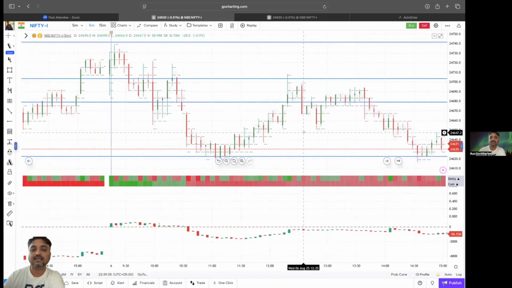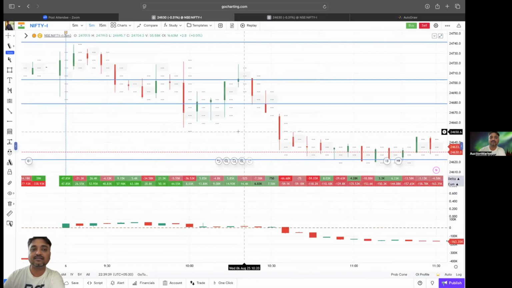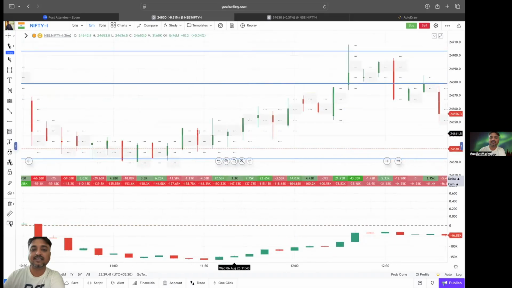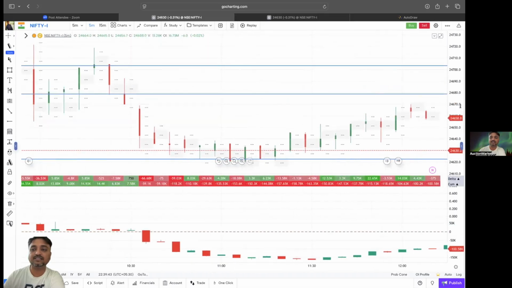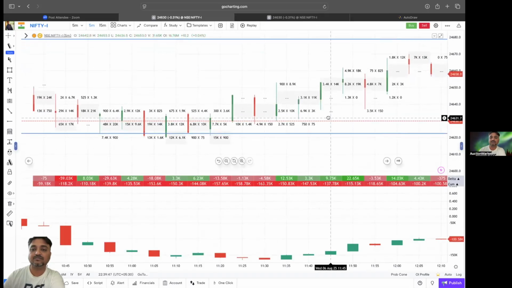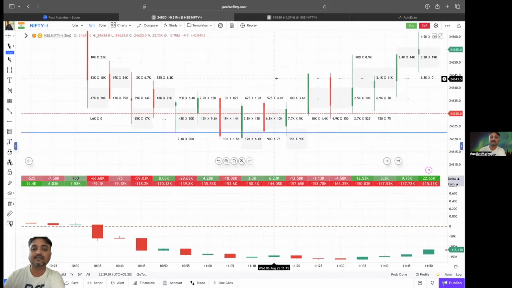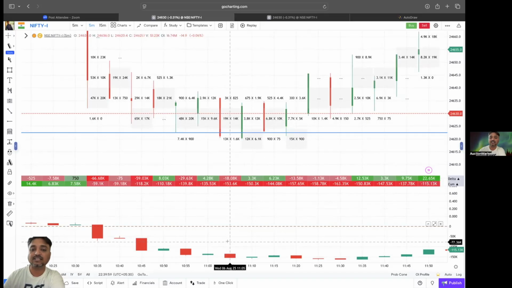So now try to understand what exactly happened here, why the price came here and did not break this particular level. This is something called exhaustion, which is happening here. I have shown you the limit buyers and limit sellers. The price is going down, so the delta is going down.